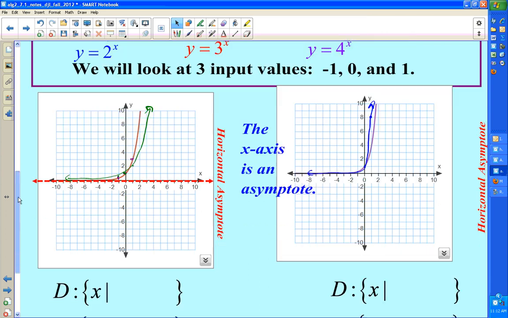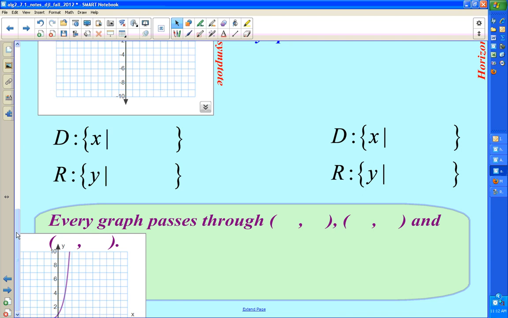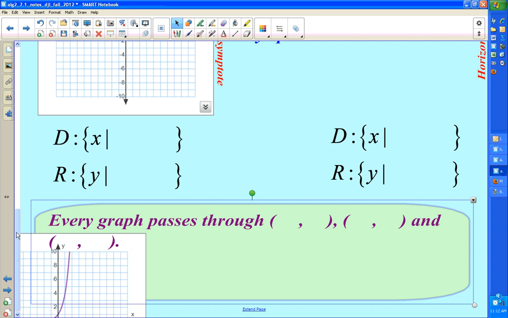So there's a great question here. Every graph passes through, and it says, what points is it going to pass through?